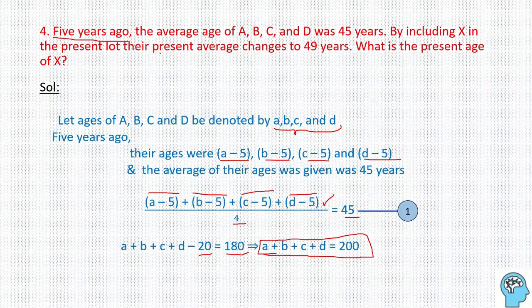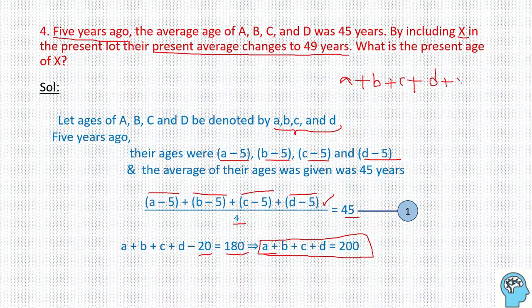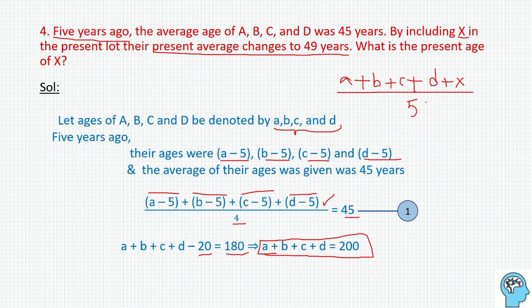So the present age average changes to 49 years because he included X. So I just took a plus b plus c plus d plus x, divided by 5, is equal to 49.